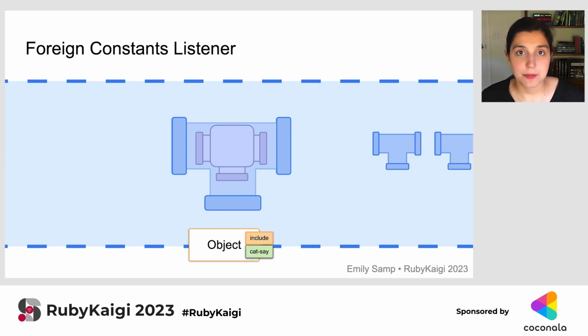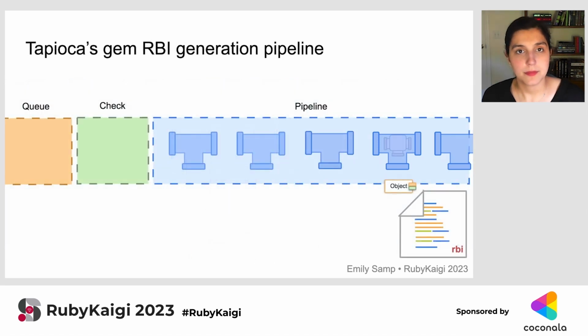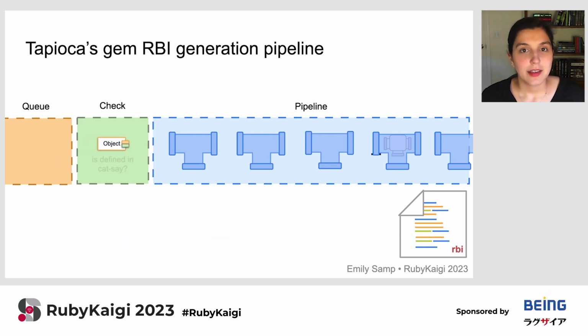If so, Tapioca will allow the constant found by the mixin tracker to bypass Tapioca's check. Tapioca will then generate RBI for it, even though it wasn't originally defined within the gem.